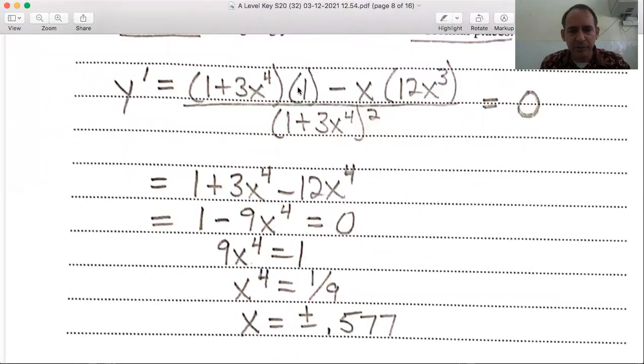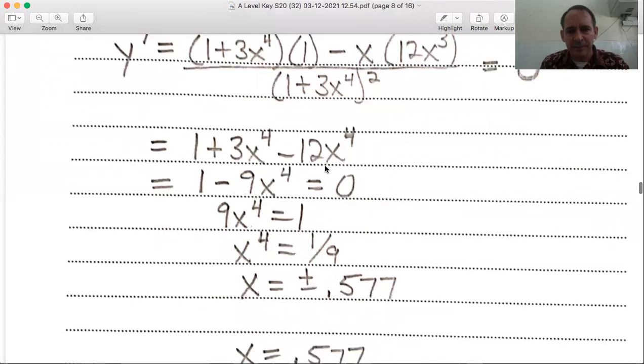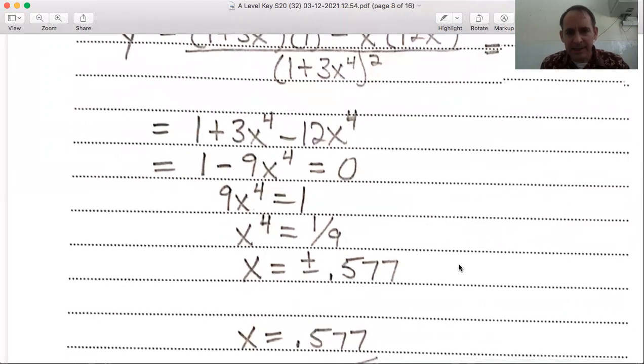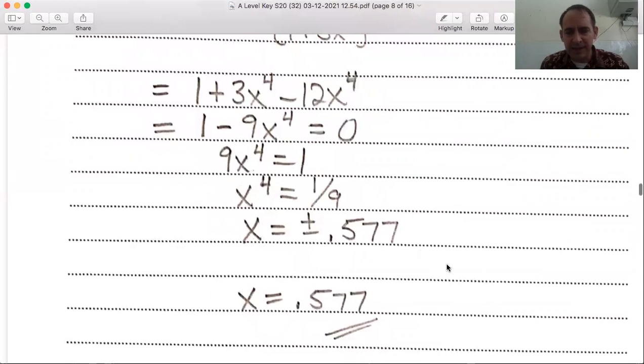So distribute through your numerator here. 1 times this is just the 1 plus 3x to the 4th, minus, you get 12x to the 4th. Now these combine to give us 1 minus 9x to the 4th equals 0. Move the 9x to the 4th to the other side, set it equal to 1. Divide by 9, 4th root both sides.